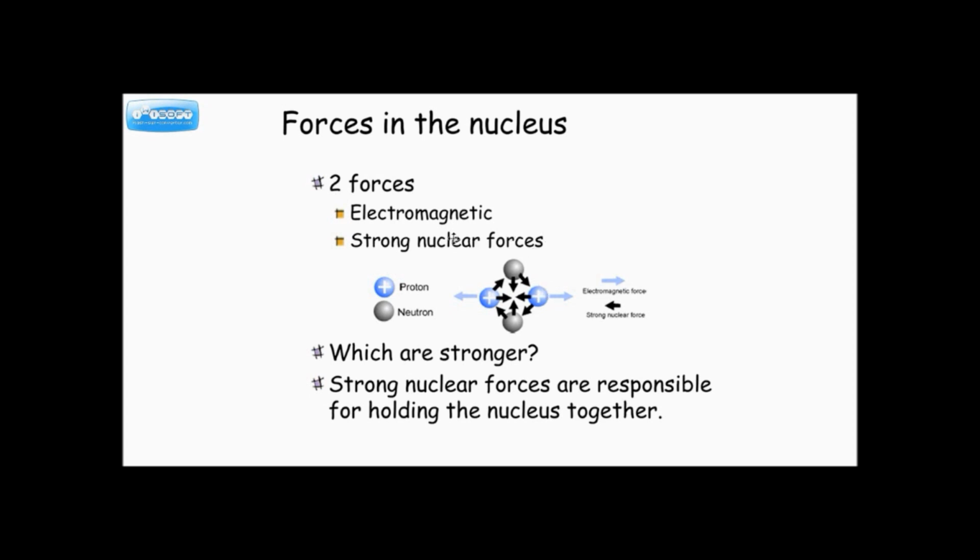But we have these strong nuclear forces, which are forces between the particles, even positive-positive. And these strong nuclear forces are what actually hold together the nucleus of an atom. So which are stronger? Obviously, the strong nuclear forces have to be stronger because they are responsible for holding this nucleus together.